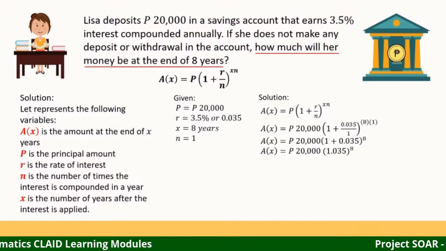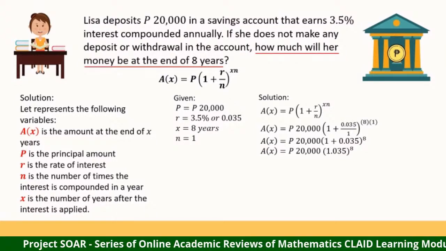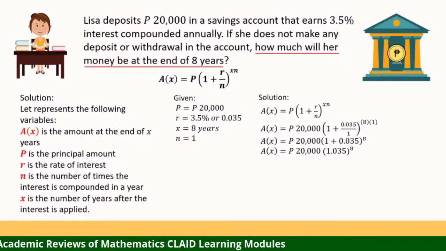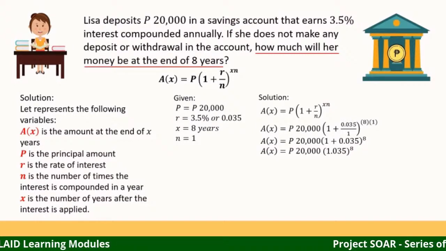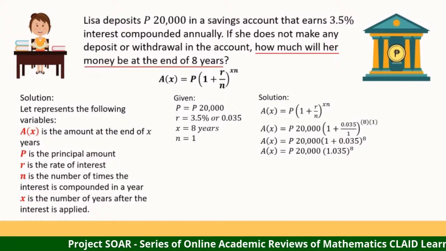So we have, ano ba yung number na inside sa parentheses? We have 1.035. Okay, so kailangan po muna natin siyang i-raise to 8. Ibig sabihin, we have to multiply the 1.035 ng 8 beses bago natin i-multiply kay 20,000.